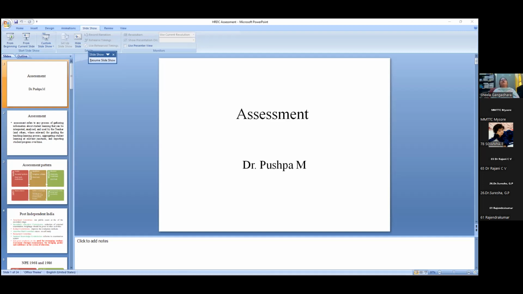Then coming to the types of assessment, as I already told, the NEP emphasizes formative assessment. I have given a table comparing both the summative and formative. Formative means it is continuous and ongoing. But in the summative, what happens is at the end of a lesson or at the end of the year, we assess the children.